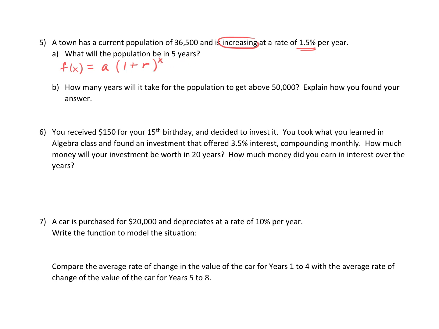So what we're going to do is plug in our information and then grab our calculator. So we want to know what the population will be in 5 years. So we start with our A value, which is our initial amount, 36,500 times 1 plus. Now the r is the interest rate as a decimal. So 1.5%.